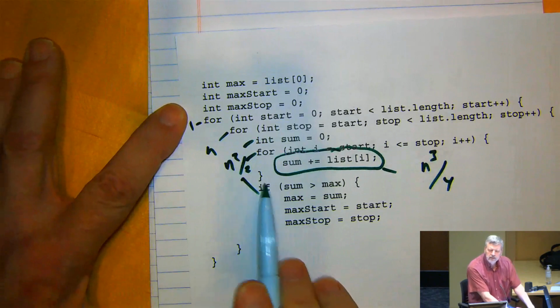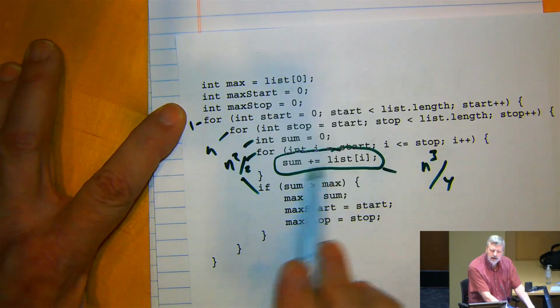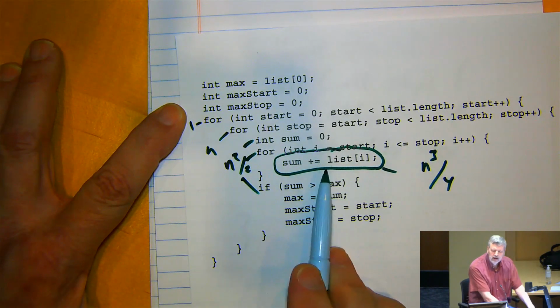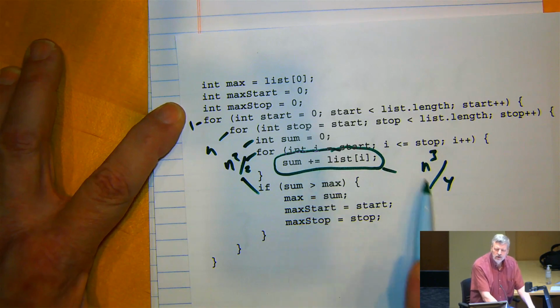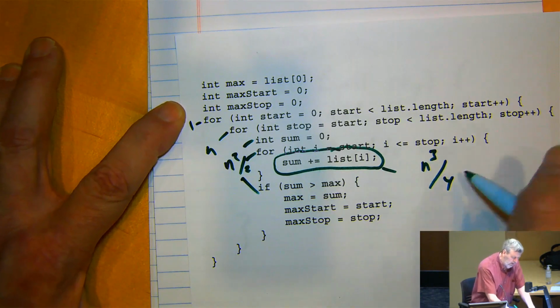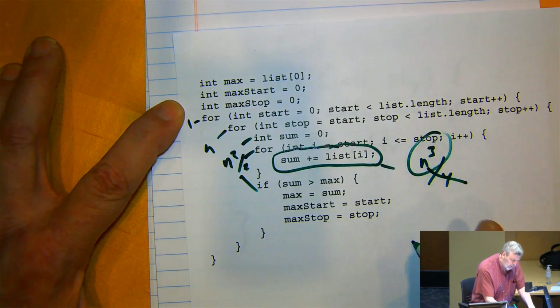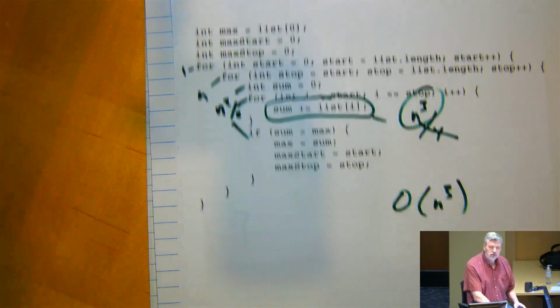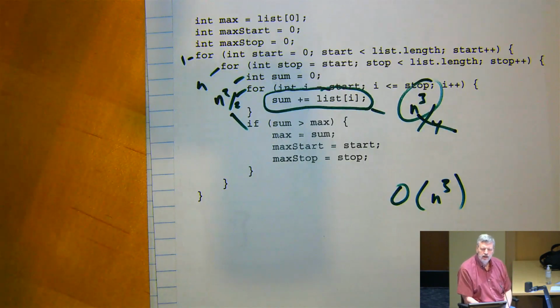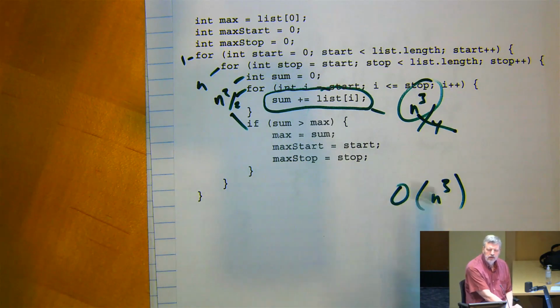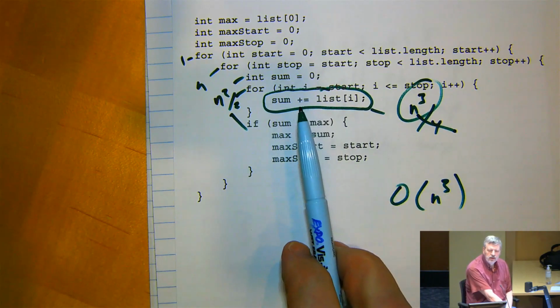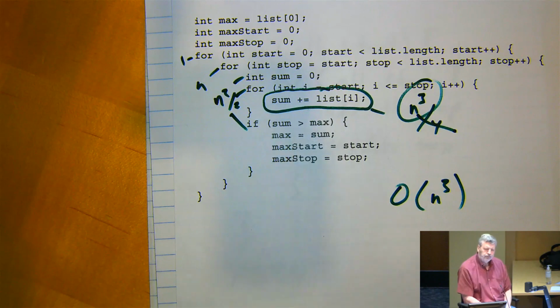So we have a multiplier of n over 2 because that's how many times on average the body of this loop gets executed. So n cubed over 4, we don't care about the over 4. What we care about is the n cubed, and we would say this is an O of n cubed operation. That would be my prediction, that I am using a counting type argument to say that this gets executed n cubed times.